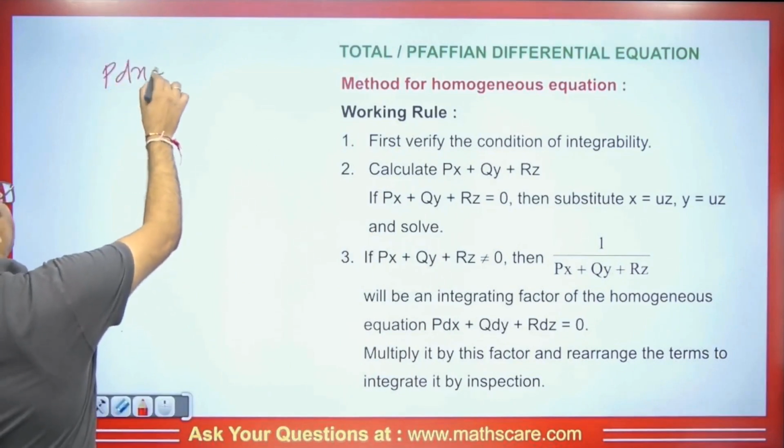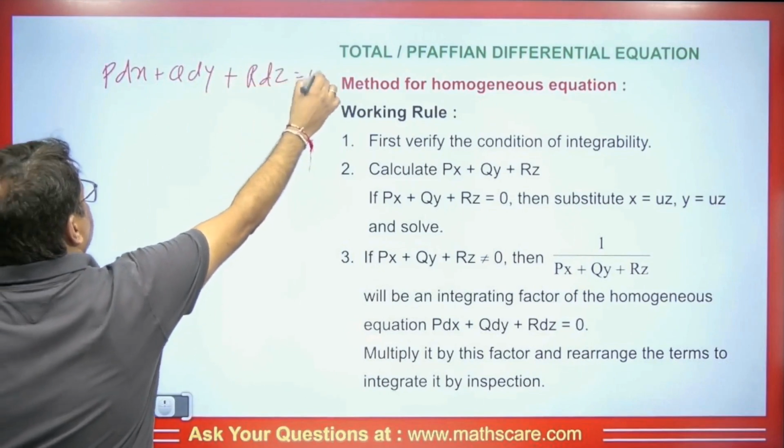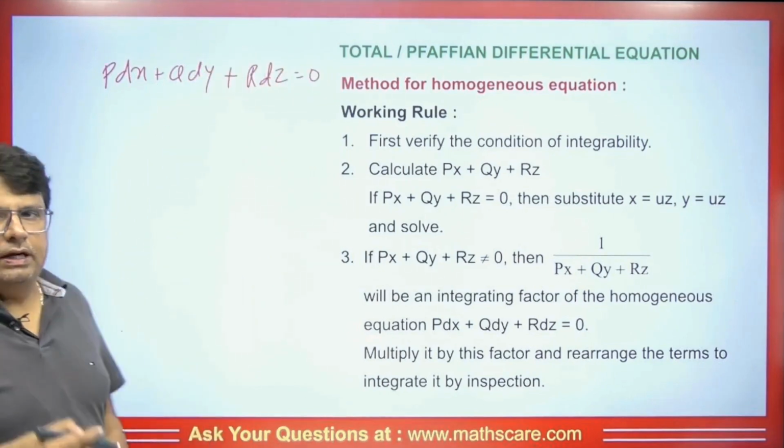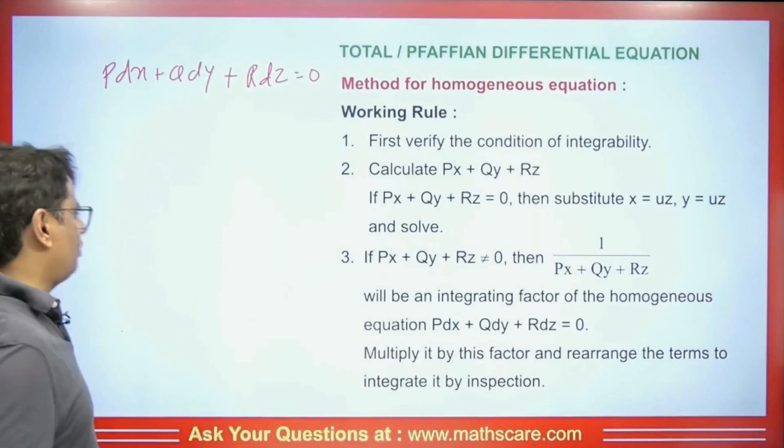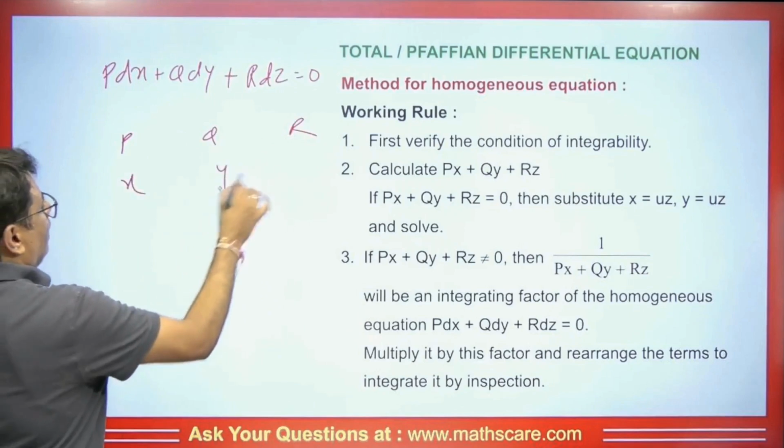So let's say we have an equation P dx plus Q dy plus R dz is equal to 0. If we are given any total differential equation like this, then what do we do? We write P, Q, R, and then in this way we will write x, y, z.